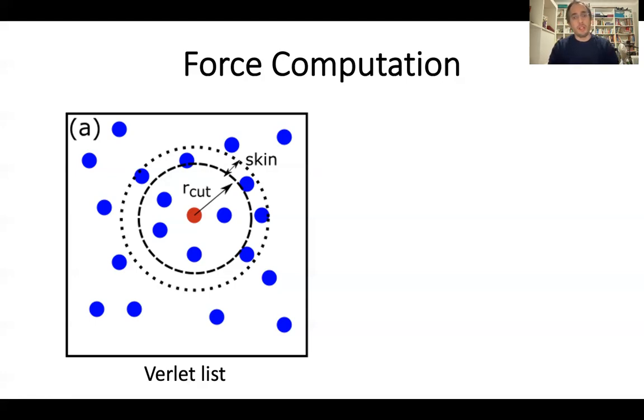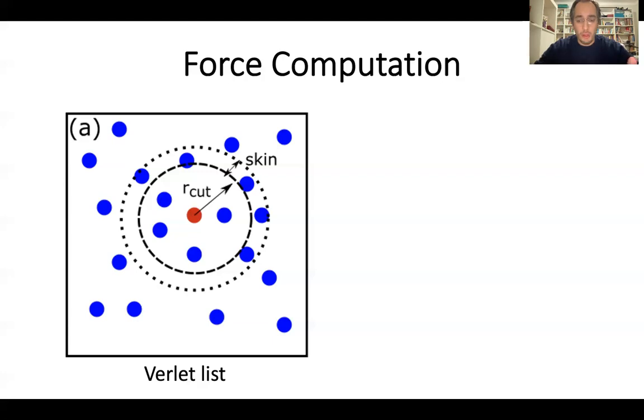But the disadvantage is that you have a large list of particles. If you make the skin too small, you have to update in a lot of time steps. So you just have to check this trade-off, but you still have to update the list by going through all the particles in the system.